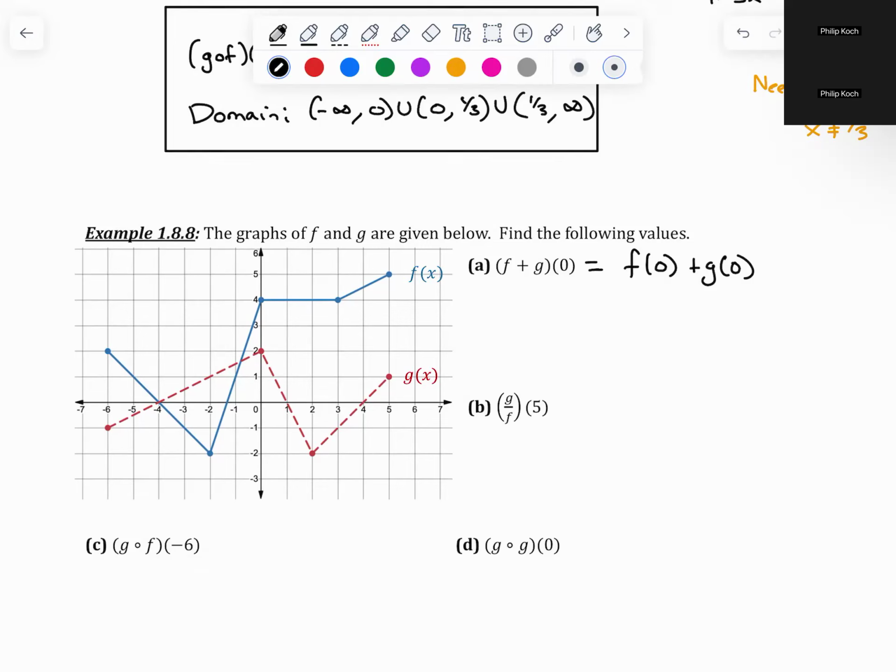And so I'm going to color code this in green. f of 0 equals 4, and g of 0 is equal to 2. So this is equal to 6. So based purely on the definition, that's what it is. That's all you need to do.